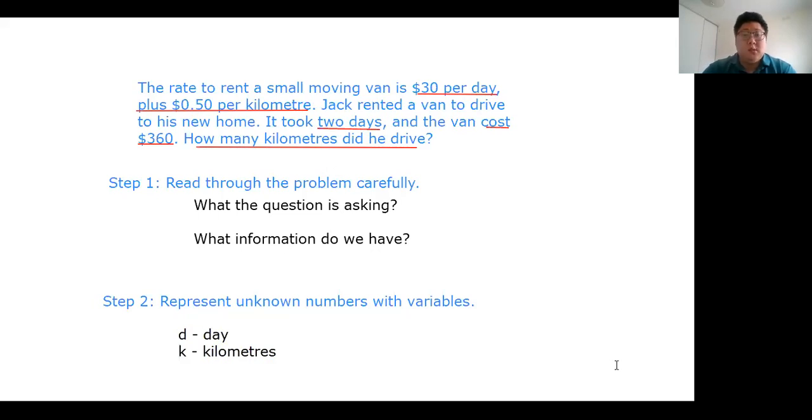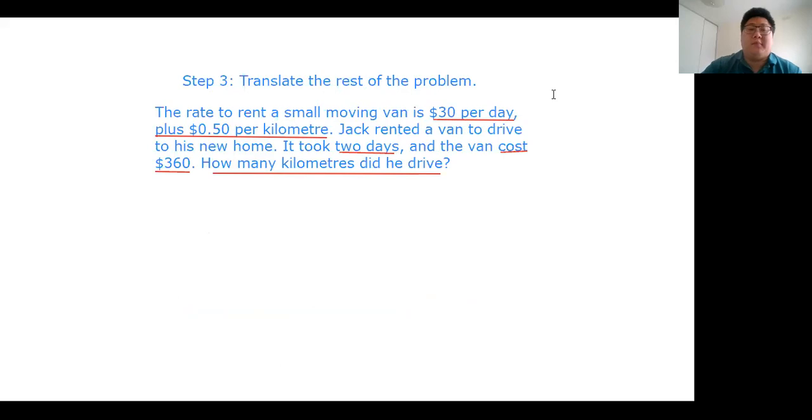Step 3, we're going to translate the rest of the problem, right? So now we're going to get these words into symbols, mathematical symbols and numbers. So let's do that. We're starting off with the rate to rent a small moving van is $30 per day.